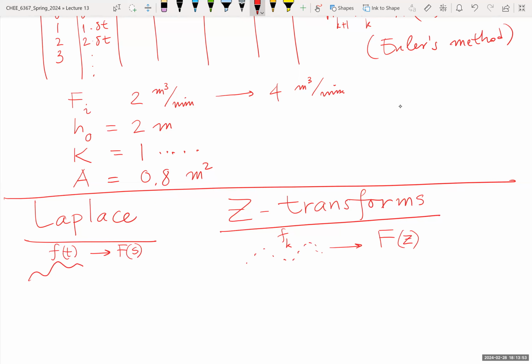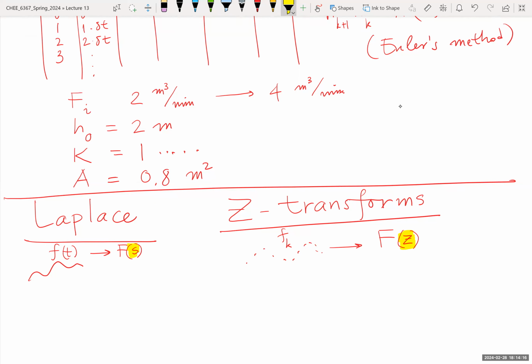In the same way that with Laplace transforms, this s is actually a placeholder, z is a placeholder here as well. It's just a convenient way of carrying forward all the information I need so I can find stability, speed of response, design controllers, and all that.